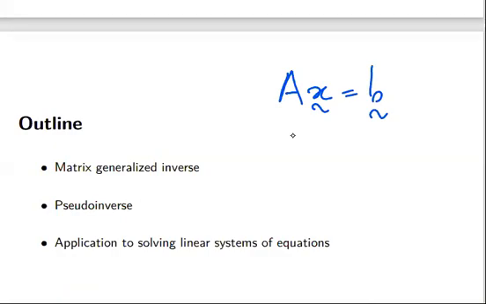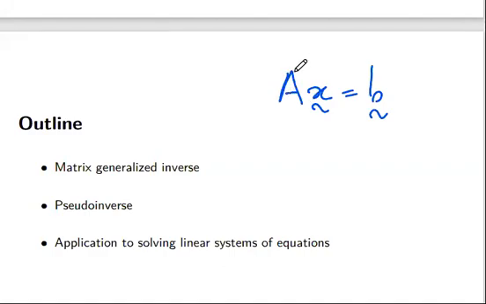Ax is equal to b. This could be square or rectangular. When you do research, you can get any matrix here, square or rectangular. So how do you find the inverse of this matrix?